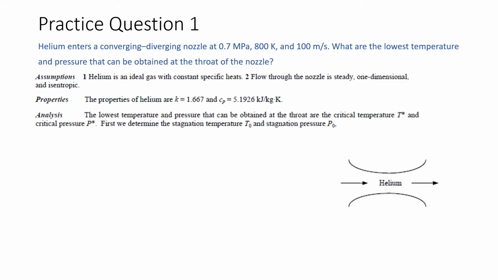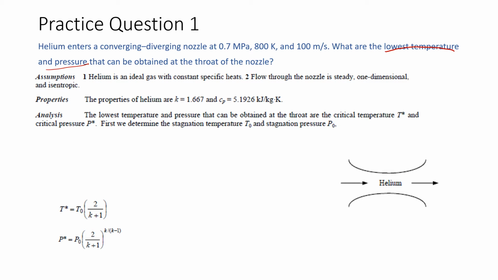Since the question asked for lowest temperature and pressure, the lowest temperature and pressure that can be obtained at the throat are the critical temperature and critical pressure. So to find the critical temperature and critical pressure, we have these two equations.